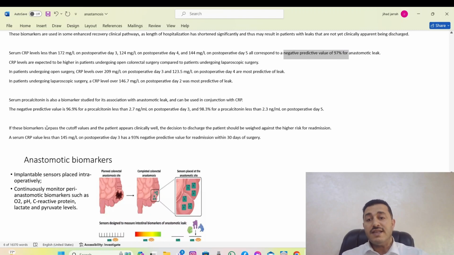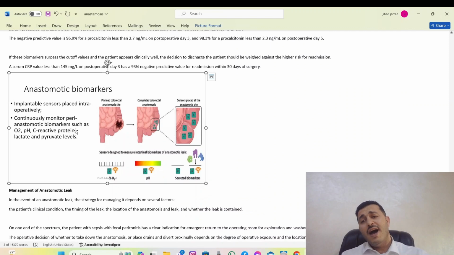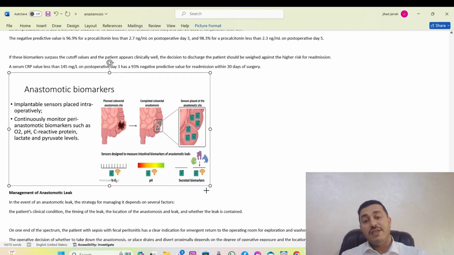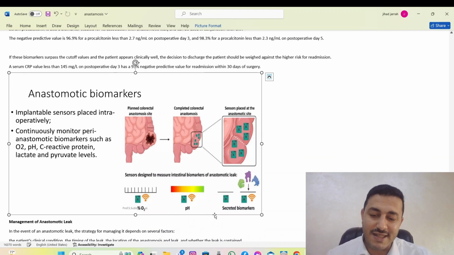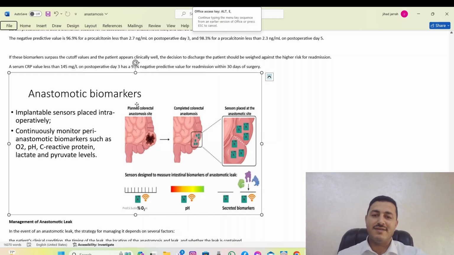And also the same for procalcitonin, which should be measured on different days, and we have a high negative predictive value. Another way that is not routinely used, I'm sure, is what we call the anastomotic biomarkers. These are nice.